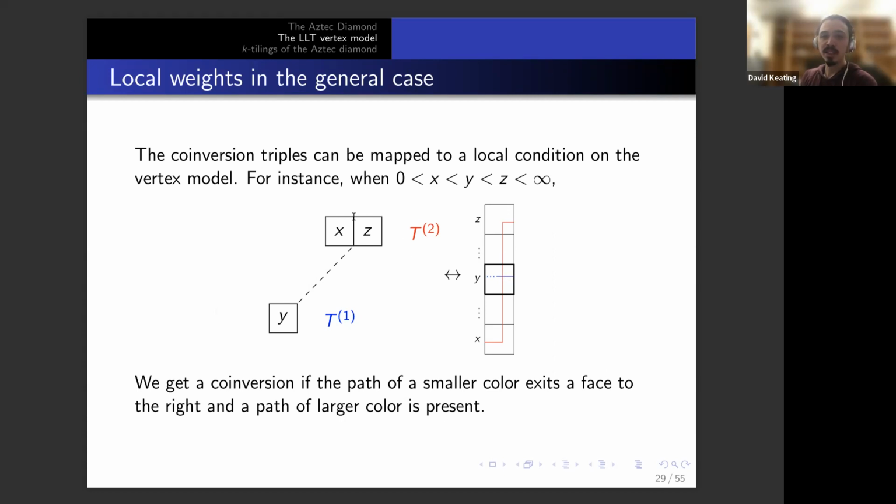And then here, the xz means at the same column, the red path exits at z, but it entered at x. So this would give us one coinversion, and we can assign that coinversion to this face by saying that whenever the smaller color exits right and a larger color is present, we're going to give a weight of t. And it turns out this is the correct mapping.